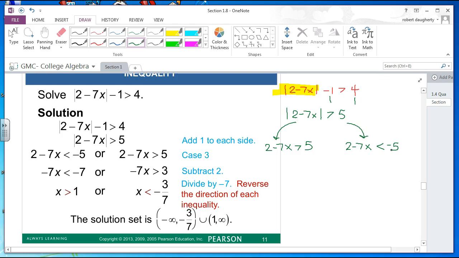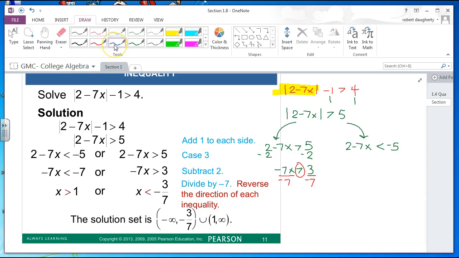So in order to do this, if I subtract 2 from both sides, I get -7x is greater than 3. Now I'm going to divide by -7. Keep in mind, whenever I divide by a negative, I change the inequality.